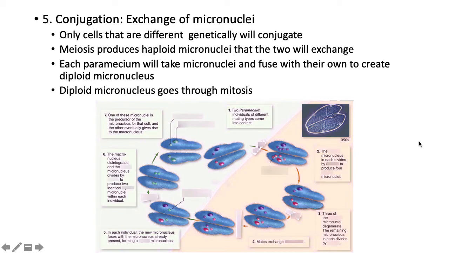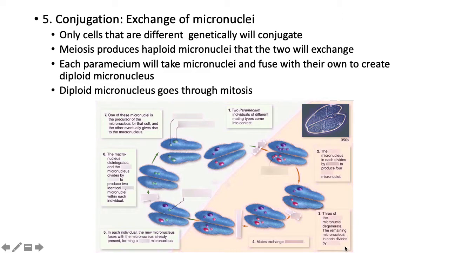Continuing on with ciliates, conjugation can occur with the micronuclei. Only cells that are genetically different will conjugate together, and then meiosis will produce haploid micronuclei, and the two cells will exchange genetic information. Let's see what step that is. Oh, I just realized the words are X'd out.